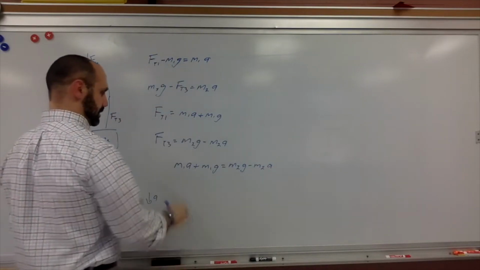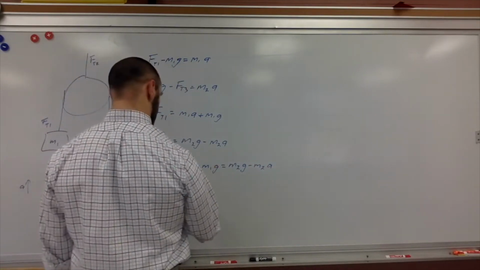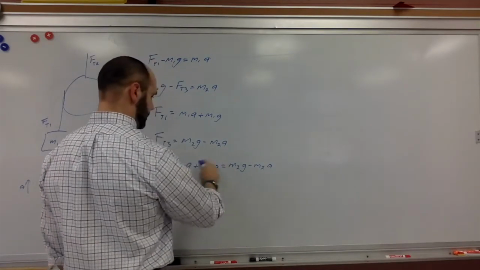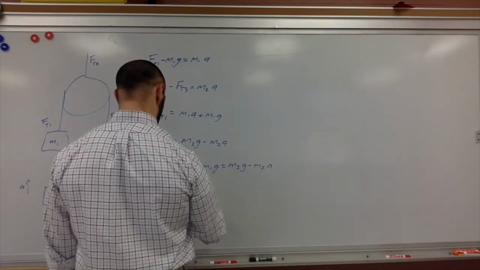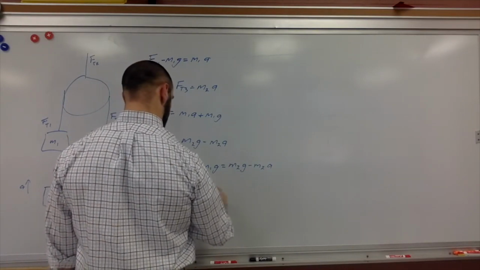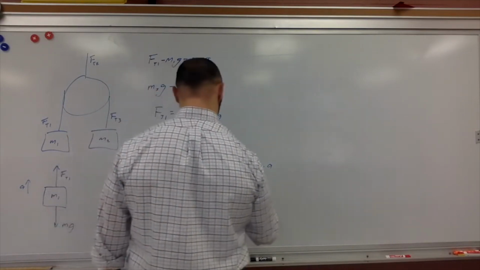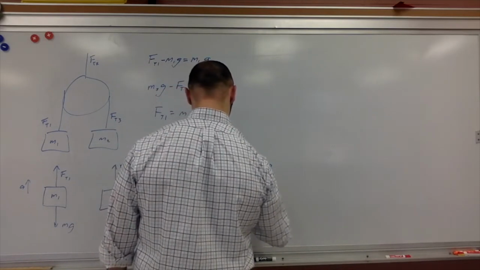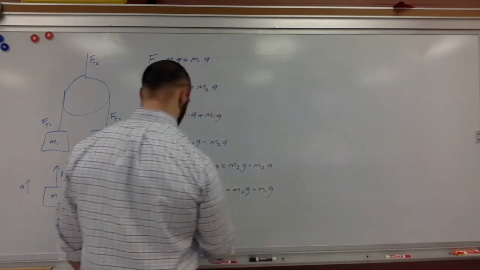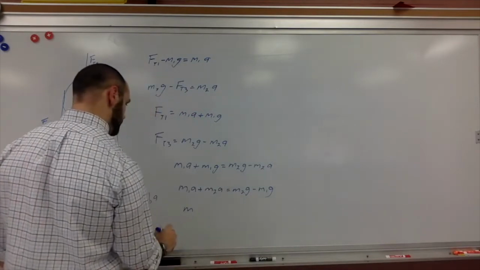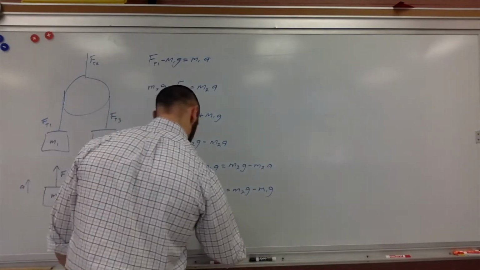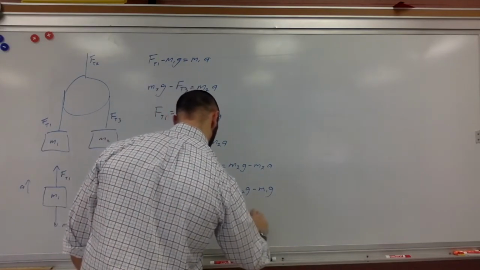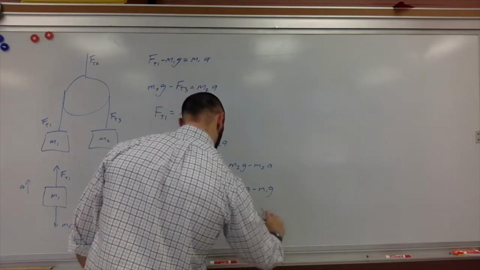Looks good, right? And so now let's gather the g's together on one side and the a's together on one side. So m1a plus m2a equals m2g minus m1g. Factor out. So we're going to have m1 plus m2 times a equals m2 minus m1 times g.